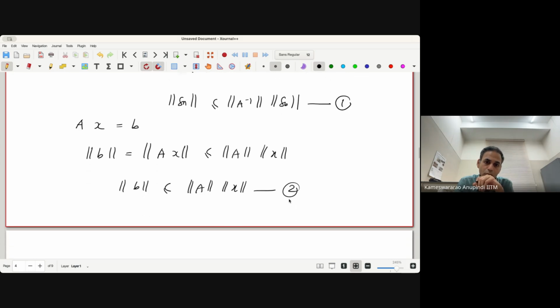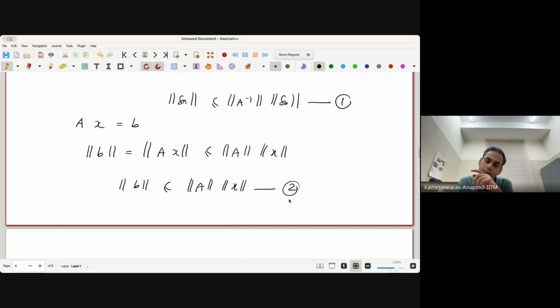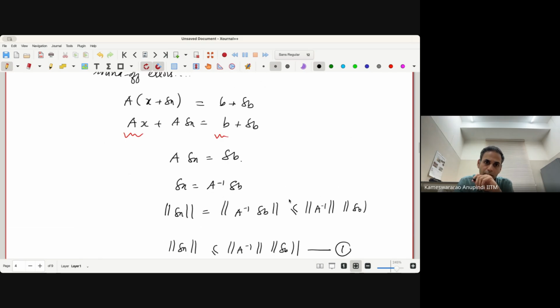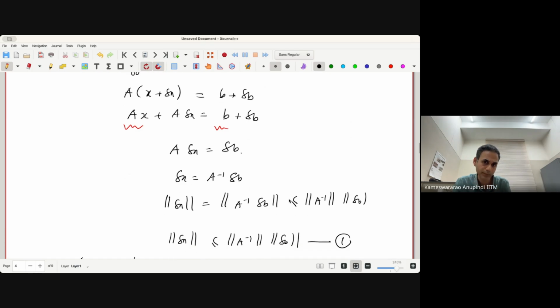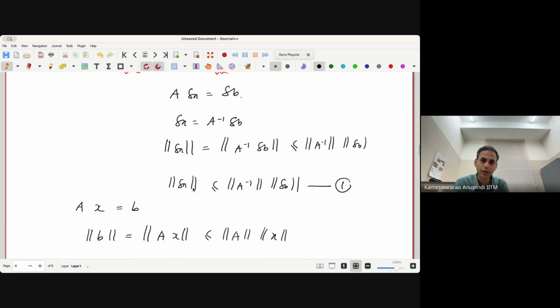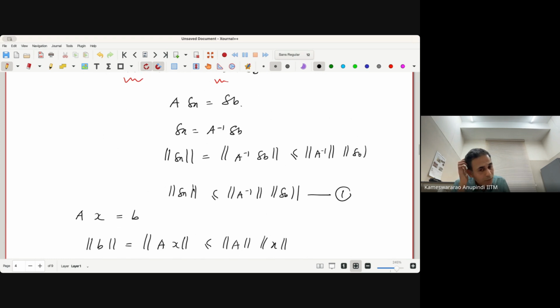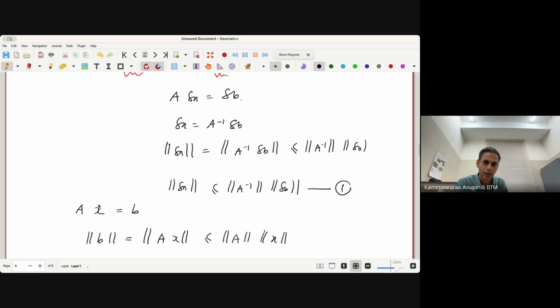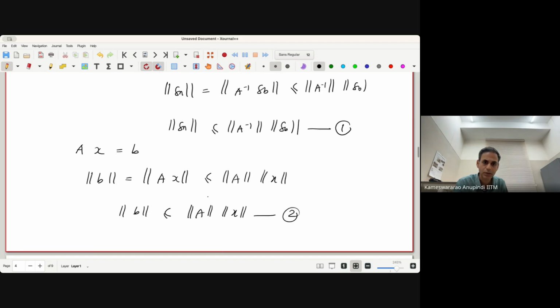I want to put it in a slightly different way. Let me not write it this way, let me do it slightly differently. I want to keep delta B as this thing. A X equals B.